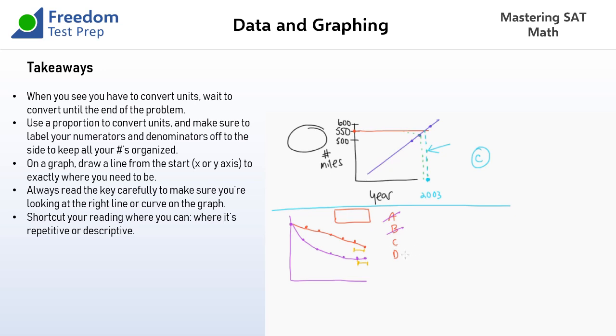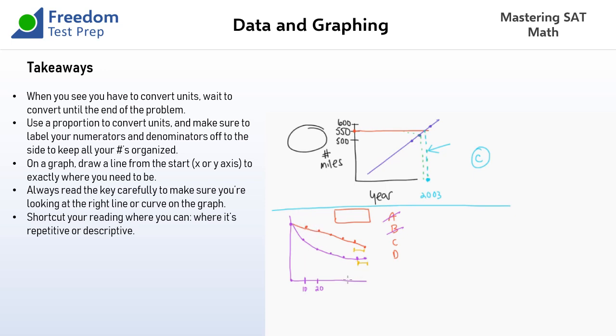C says, in the intervals from 0 to 10, right? So that's going to be from here to here, and from 10 to 20. So these first two sections. Blah, blah, blah. The rates of change are of greater magnitude for the insulated, and insulated is, remember, the red. So this is a greater rate of change.